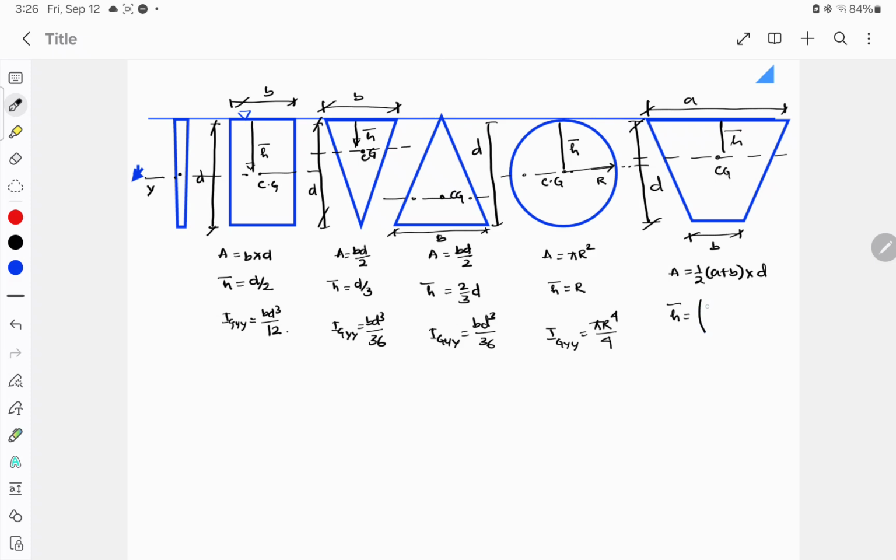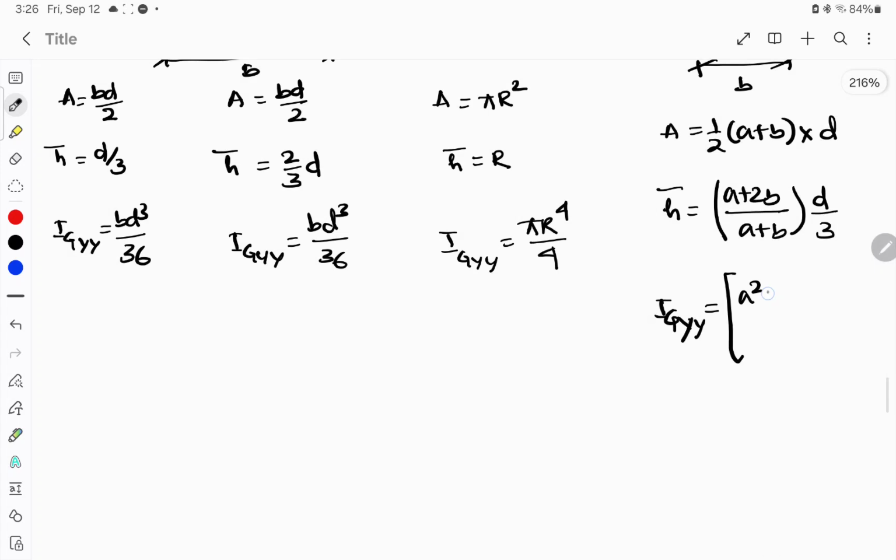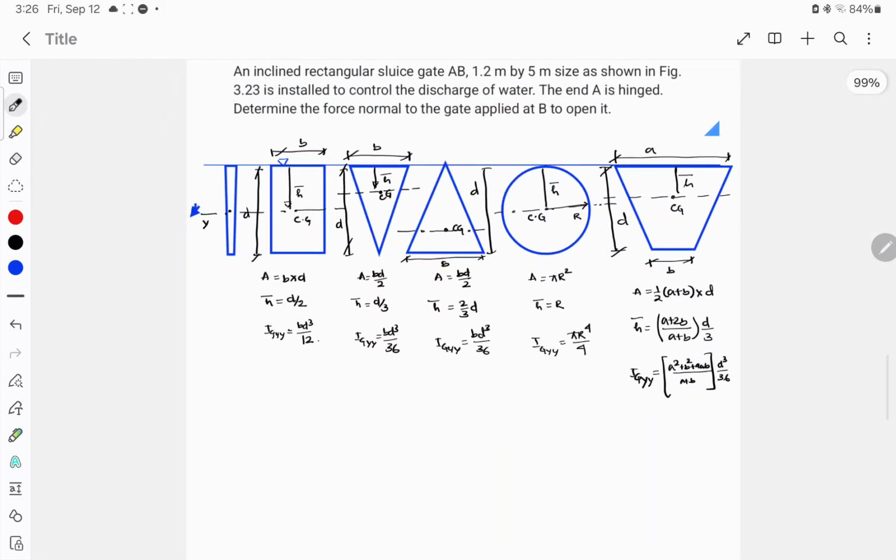H bar will be (a plus 2b) divided by (a plus b) into d by 3. And what will be IGYY? It will be (a square plus b square plus 4ab) divided by (a plus b), whole into d cube by 36. So these are some standard results that you have to remember before doing any questions.